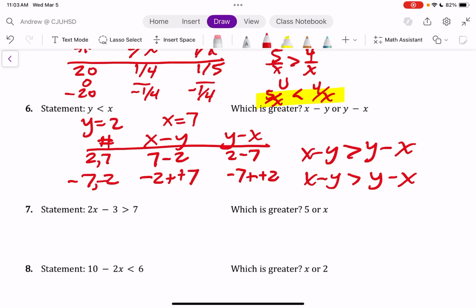Okay, and we'll probably have time to get to this one in class. Which is greater, 5 or x? So we would need to figure out what x is on this problem. So if we treat this like an equation, and we add 3 to both sides, and we divide by 2.